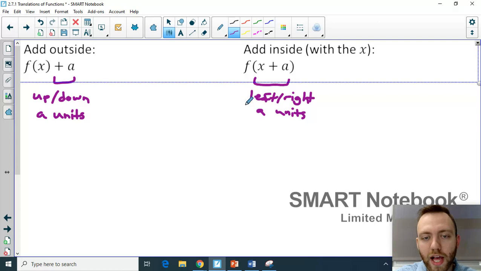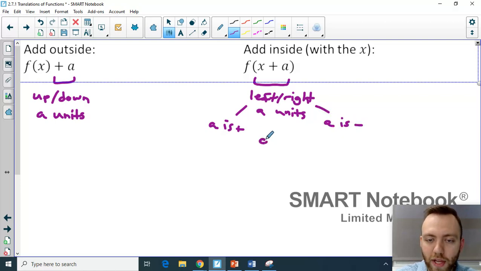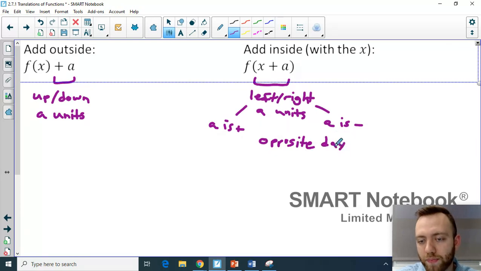But we moved left when a is positive, and we move to the right when a is negative, right? And so the big thing to remember there is if you have parentheses or you are with the x, it is opposite day, right?